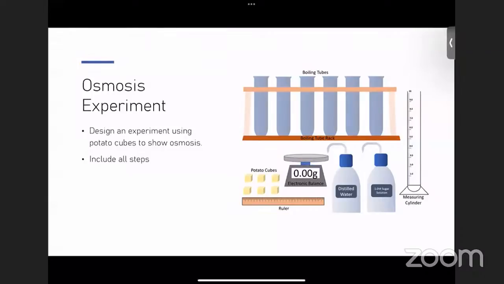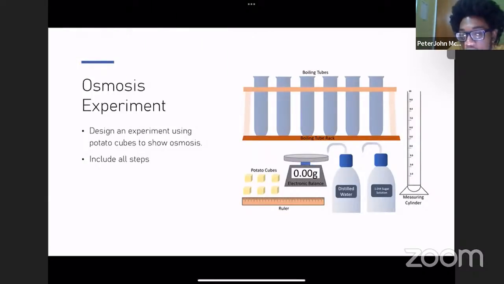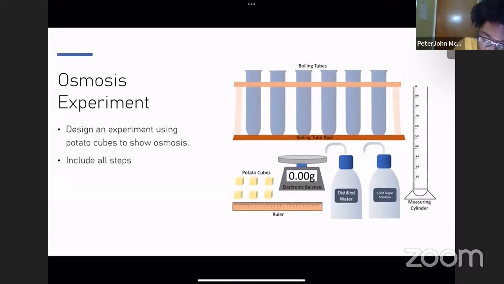Yes, sir. Yeah, so if I have a big jug of sugar water, I'm going to want to dilute that little by little, add more water, so I can test for more stuff. So in the first test tube, let me just try. In the first test tube, I'd probably put distilled water. And in the last one, I'd probably put my 1 mole sugar solution.